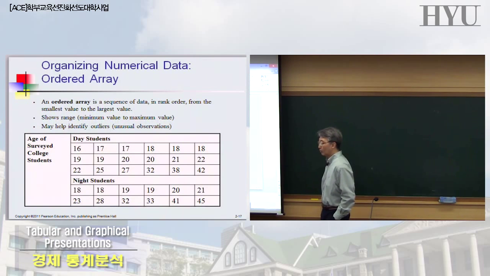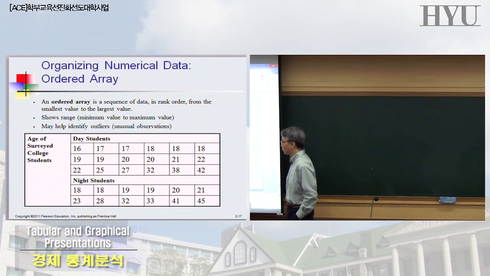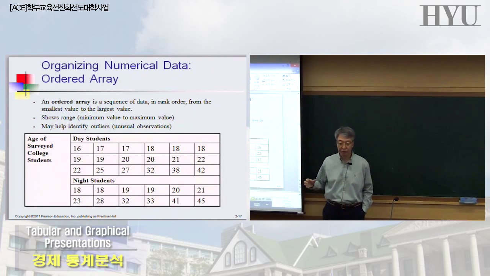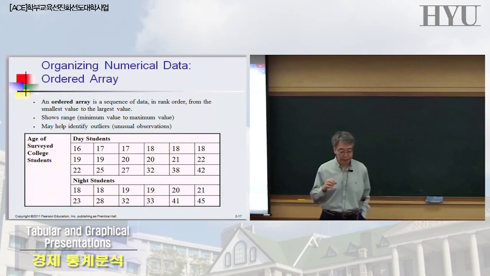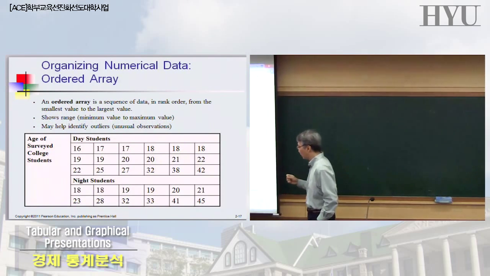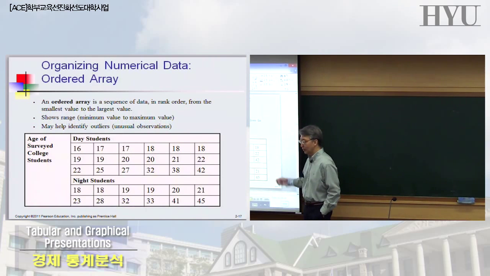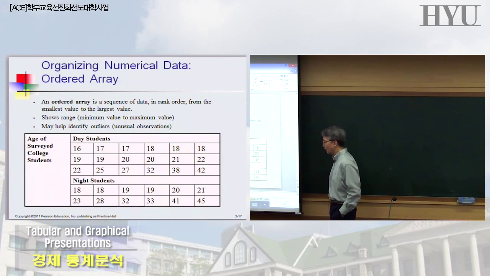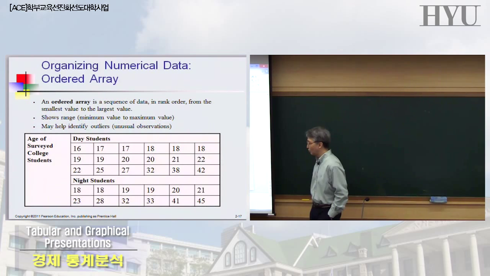Outlier means an unusual observation, which is far away from the rest of the data points. So if you have something like 62 here, that means among the day students, one student is 62 years old.